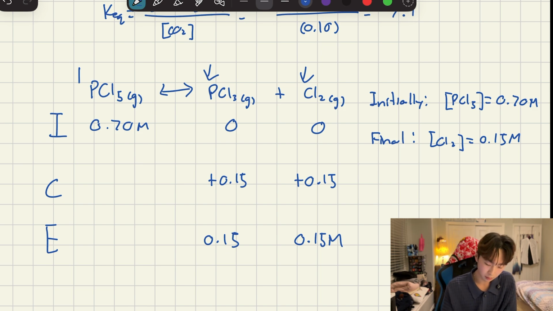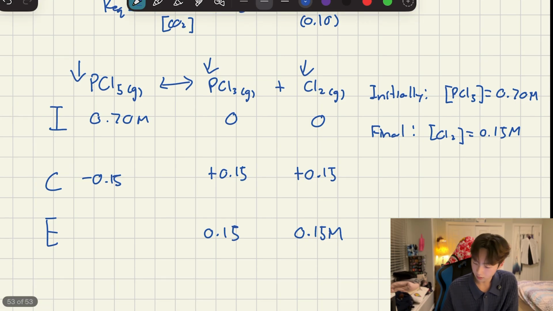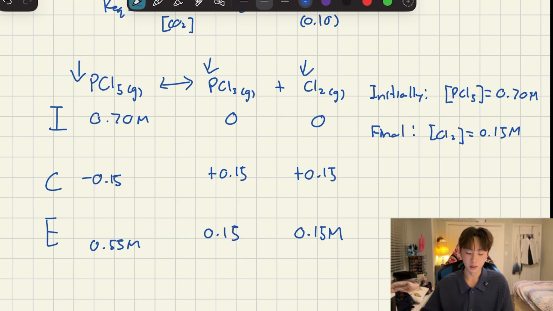And because it's also a 1-to-1 ratio with the reactants, it's going to minus 0.15 molar. So as a result, we have 0.55 molar at equilibrium. So it's important to just look out for the mole ratio for different equations.